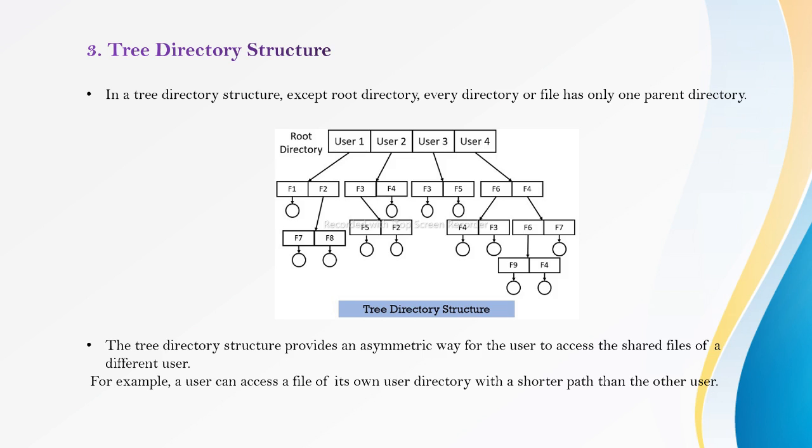Here, if a user wishes to access another user's file, he has to go through two or more directories, which is shown in the figure. The tree directory structure provides an asymmetry for the user to access the shared files of a different user. For example, a user can access a file of its own user directory with a shorter path than the other user.